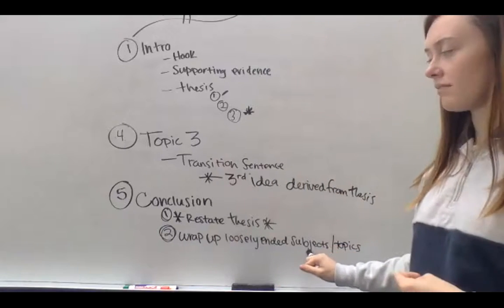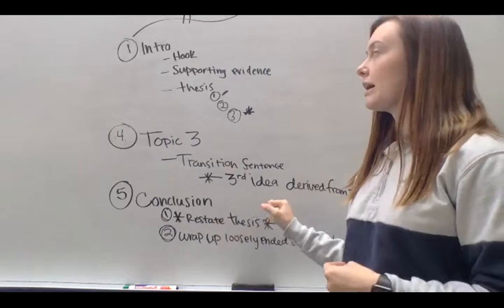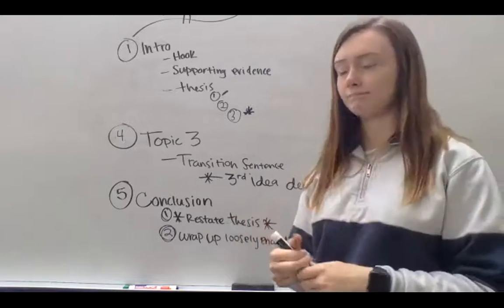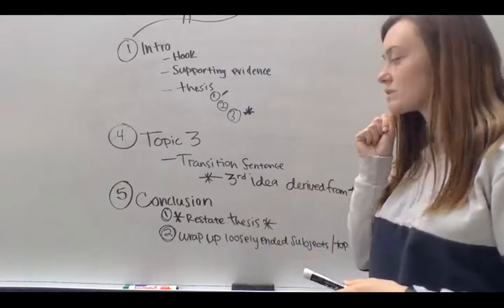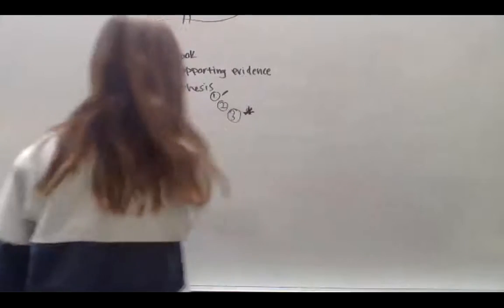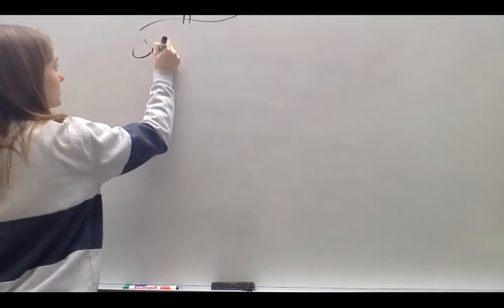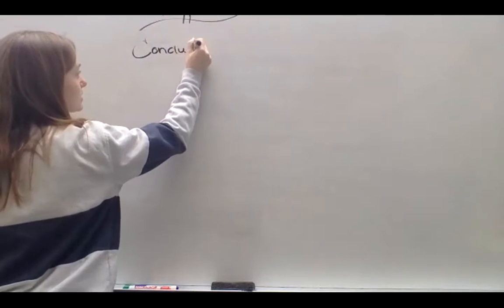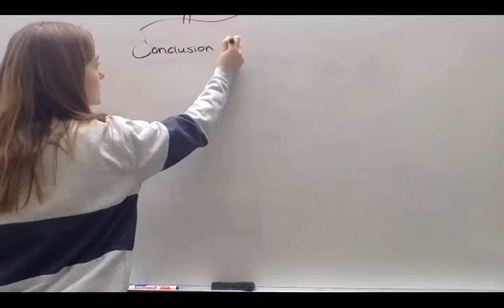A good way to think of this is a summary of your entire paper. So let's look at our conclusion a little differently to help you guys understand. This is your conclusion. We'll break this down into sentences.